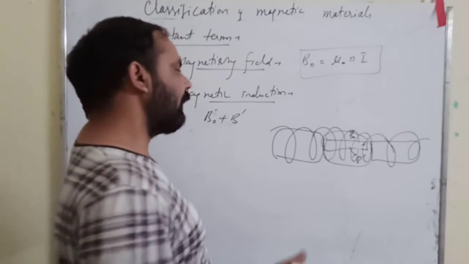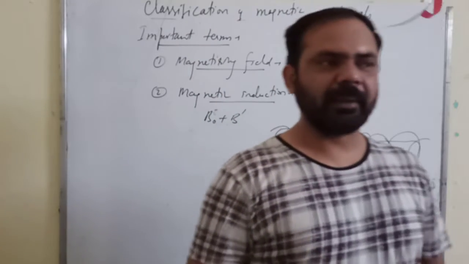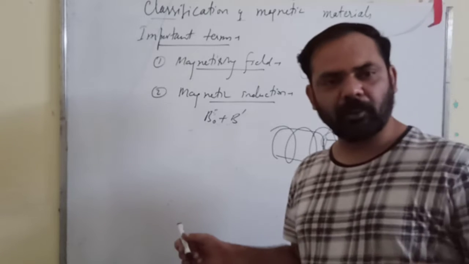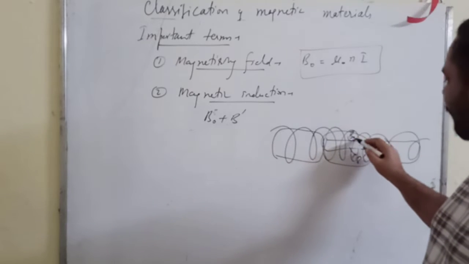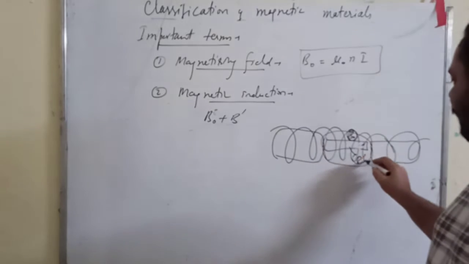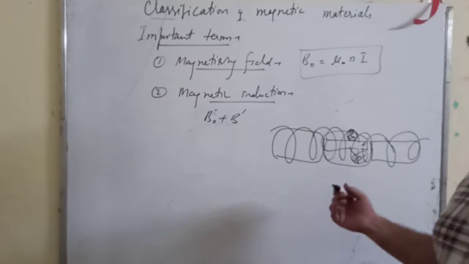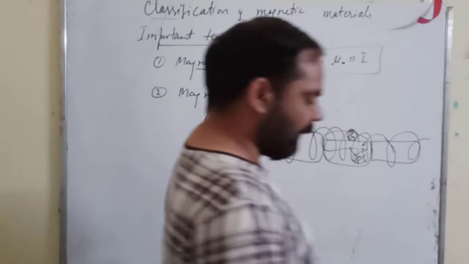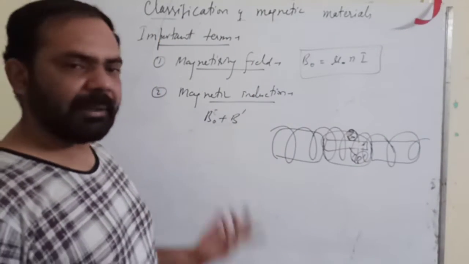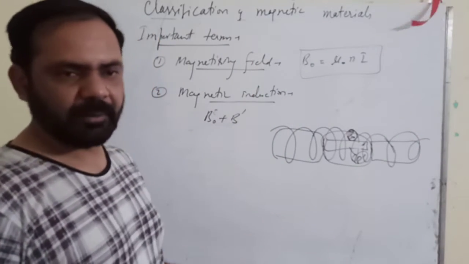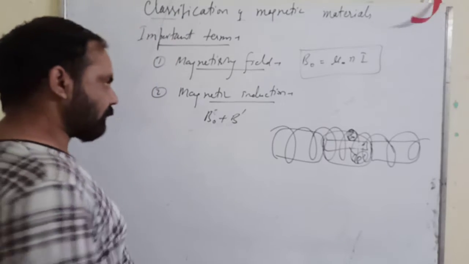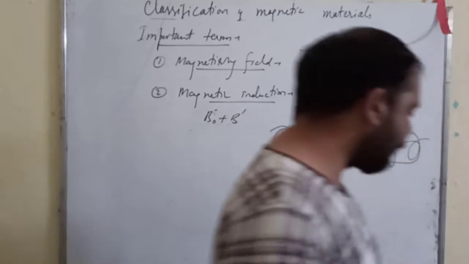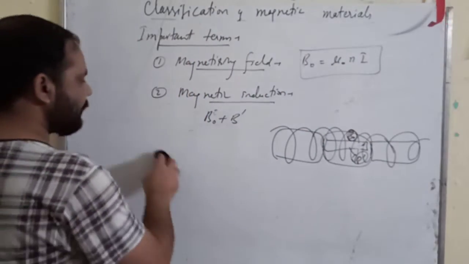Or simply you can say how many total magnetic lines of force are passing through the material. It will be equal to the magnetic field of the solenoid plus the magnetic field of the material itself. So that will be your magnetic induction, right? Since it is nothing but a magnetic field, the SI unit is Tesla. Okay. Now we move on to the third definition, and that is magnetizing field intensity.